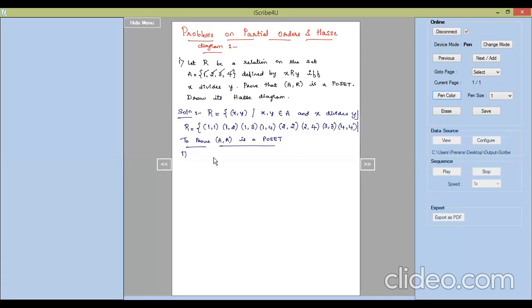So I write down the same thing. We observe that A comma A belongs to the relation R for every element A belonging to the set A. So therefore R is reflexive on A.